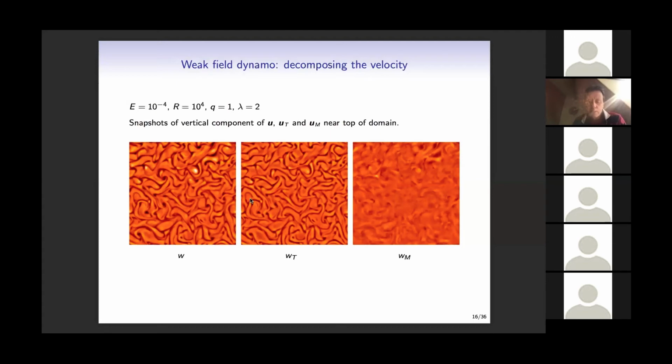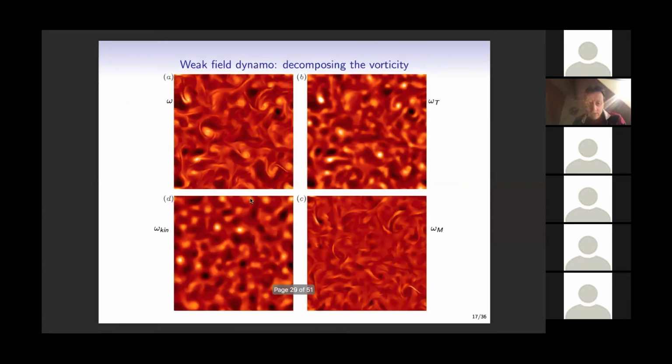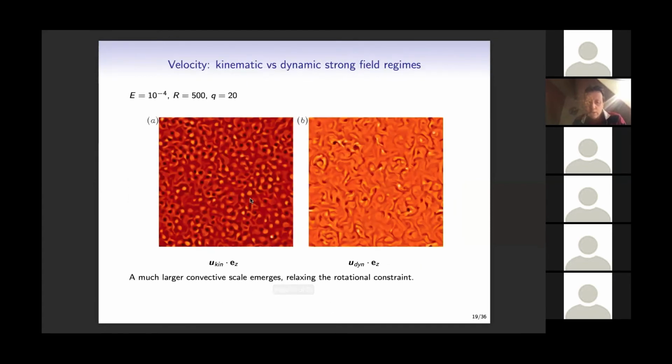And I'm contrasting that with a dynamo at a lower Rayleigh number, so a more rotationally constrained dynamo, to show how the dynamo can be very different, how it can be what I would call a dynamic dynamo. So I'm putting forward these two types as two different types of dynamo.